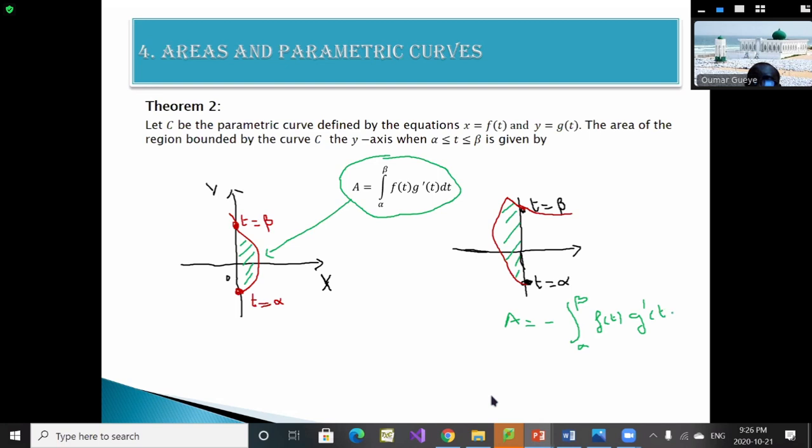It's similar to the first formula, except here we add a negative sign. And I repeat again, the reason is when your area is on the left of the y-axis, and you want to calculate the area between the y-axis and the curve, the integral is going to give you a negative number. That's why I have to add a negative sign here in order to make it positive. And without the negative sign, it's the same formula that we have here.